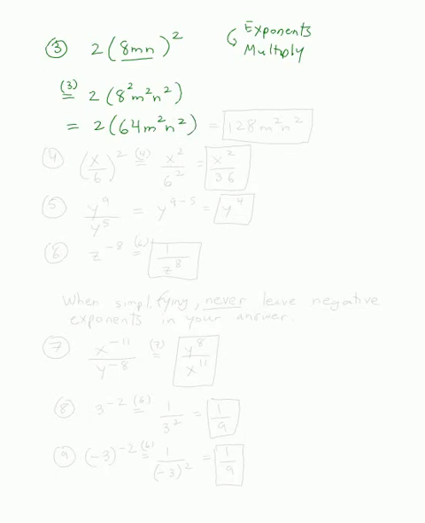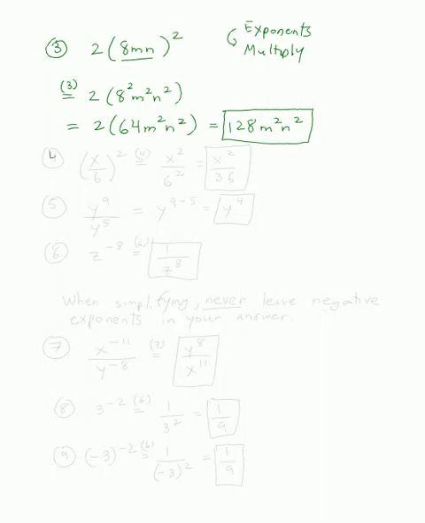Now we multiply the 2 in front, and that just gets multiplied by the 64. We end up with 128 m squared n squared. And that's it. That was a 2-step problem, although we did only use one of the rules, the exponent rules that we have.